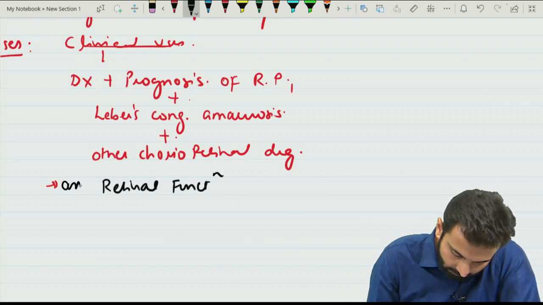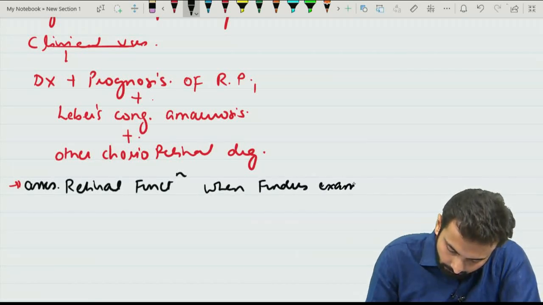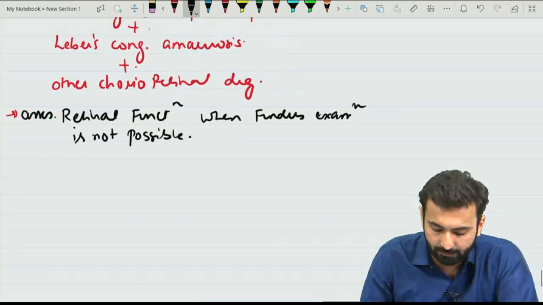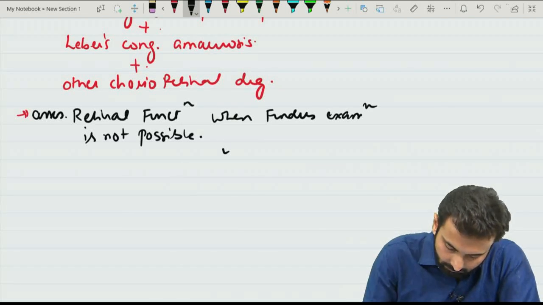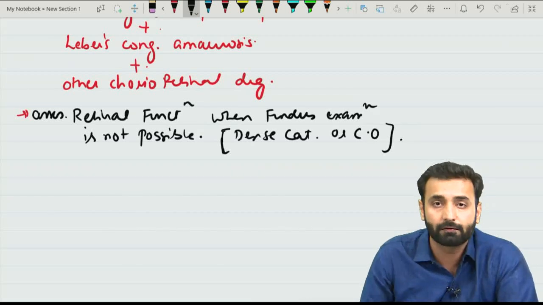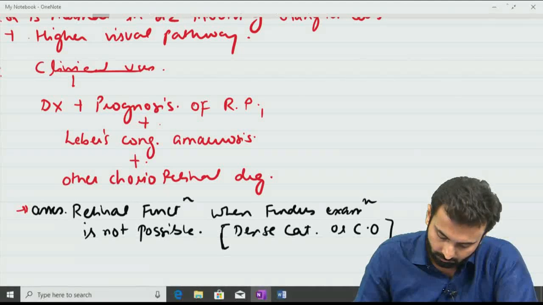You can assess retinal functions in patients when fundus examination is not possible. So what are the conditions in which fundus examination is not possible? Patient can have a dense cataract, or there can be corneal opacity, right? So these are the clinical applications of ERG that you should keep in mind.